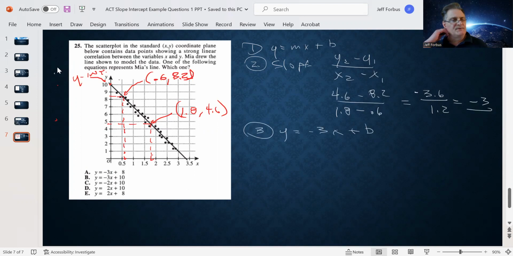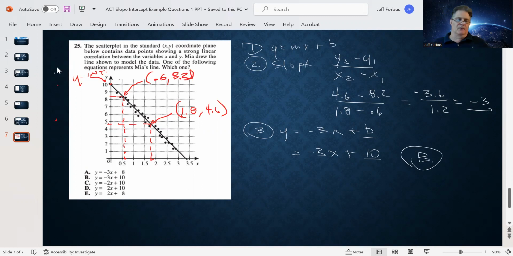Well, we don't even need to do that because we already know what the y-intercept is, don't we? It's at 10. So the formula becomes negative 3x plus 10. And that's going to give us answer choice B, as in boy.